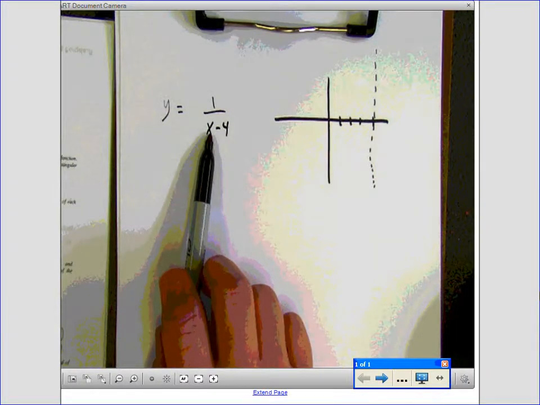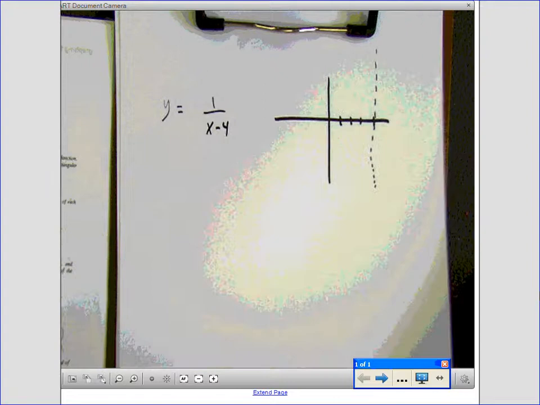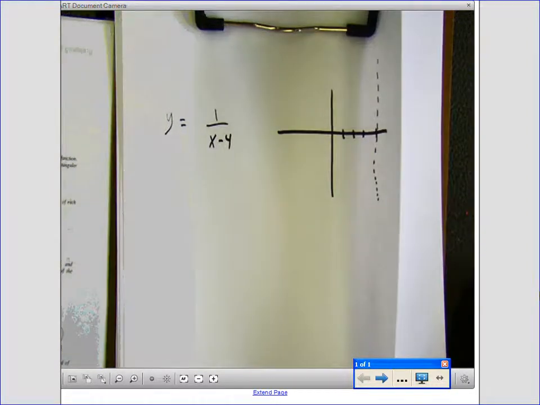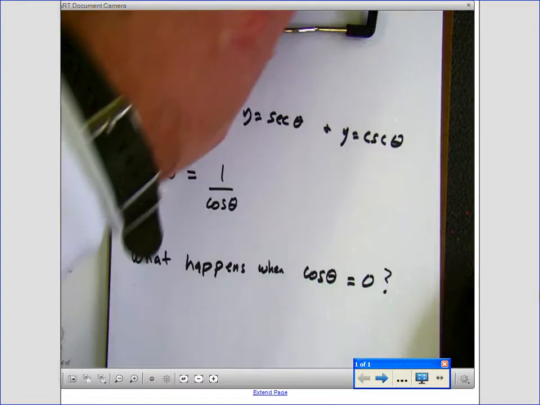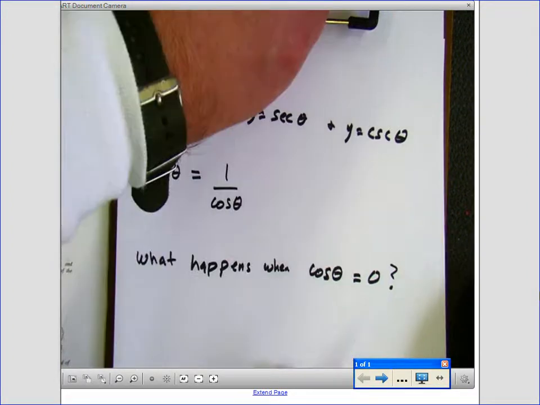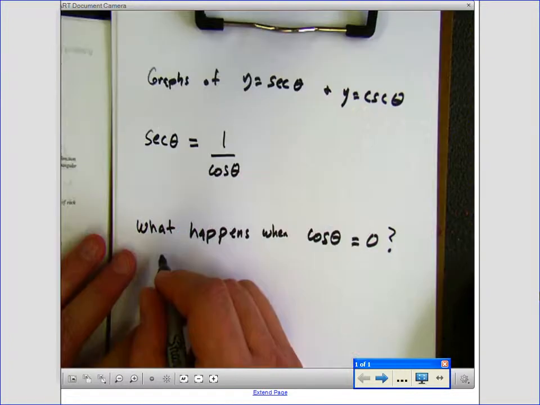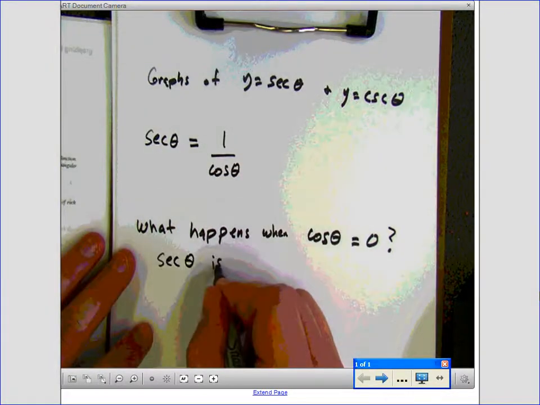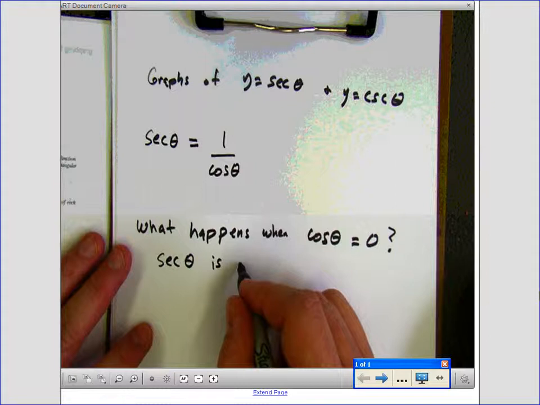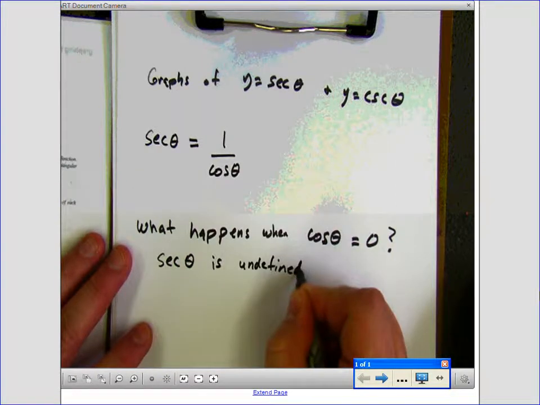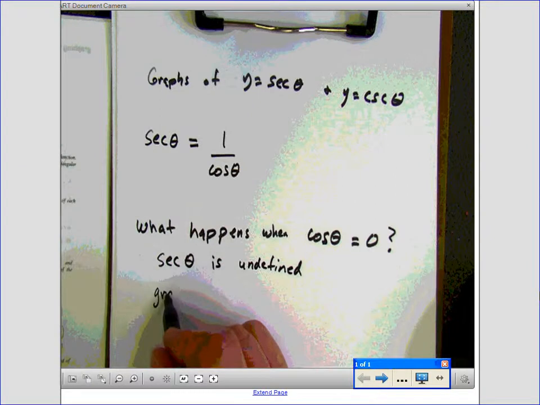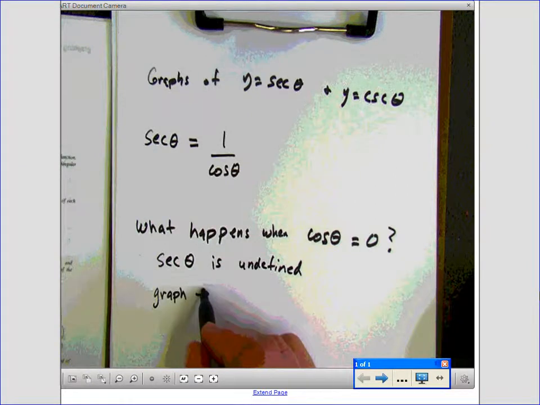Now, we did that back in like October or something, right? We talked about asymptotes and what the graphs look like. All right. So now let's transfer it to this. So y'all said that when cosine is 0, secant is undefined. Okay. Now, let's interpret that in terms of the graph. So what happens on the graph when secant is undefined?